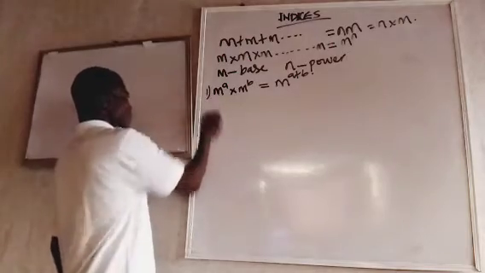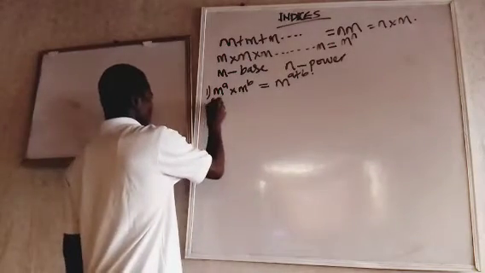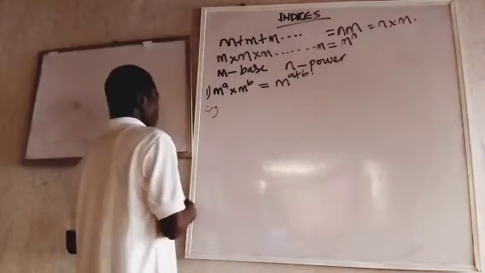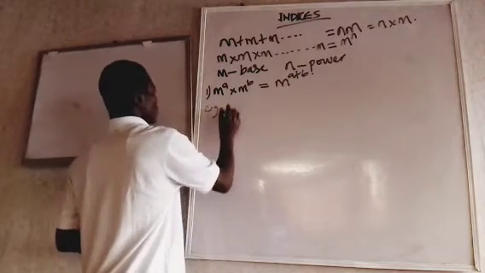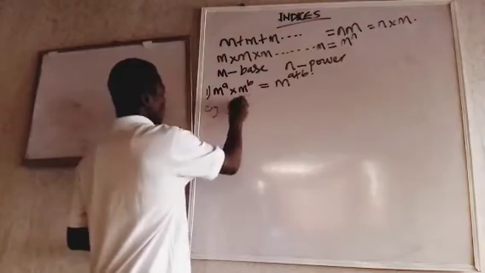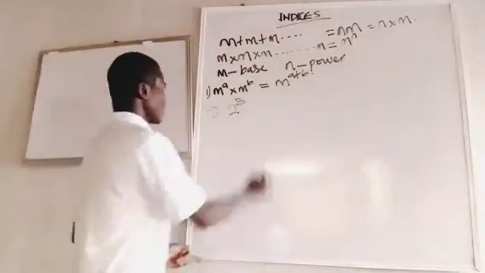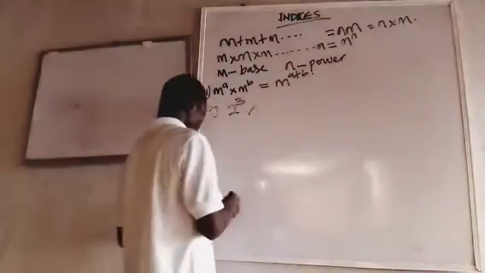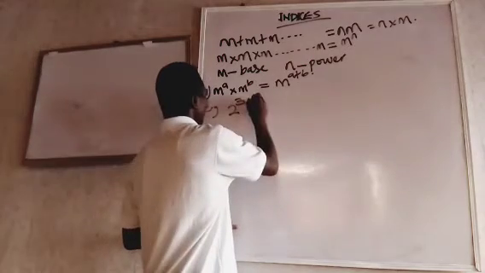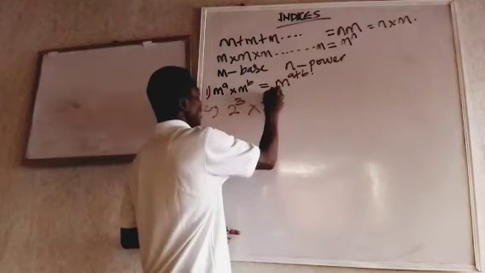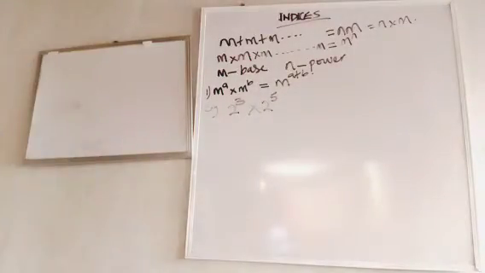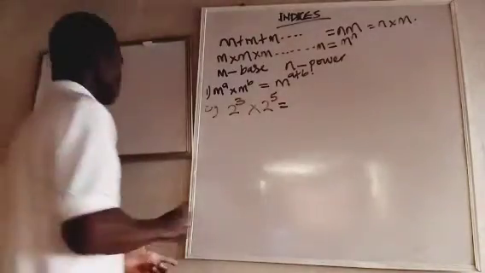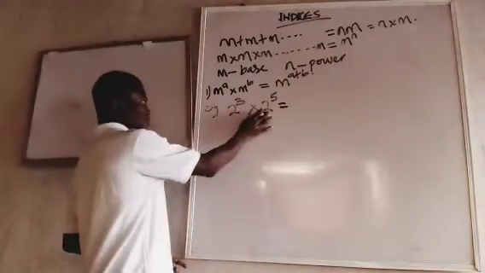Let's look at a situation like this. 2 raised to power 3. Are you getting that? Times 2 raised to power 5. Now, you can see this is 2 raised to power 3, 2 raised to power 5.